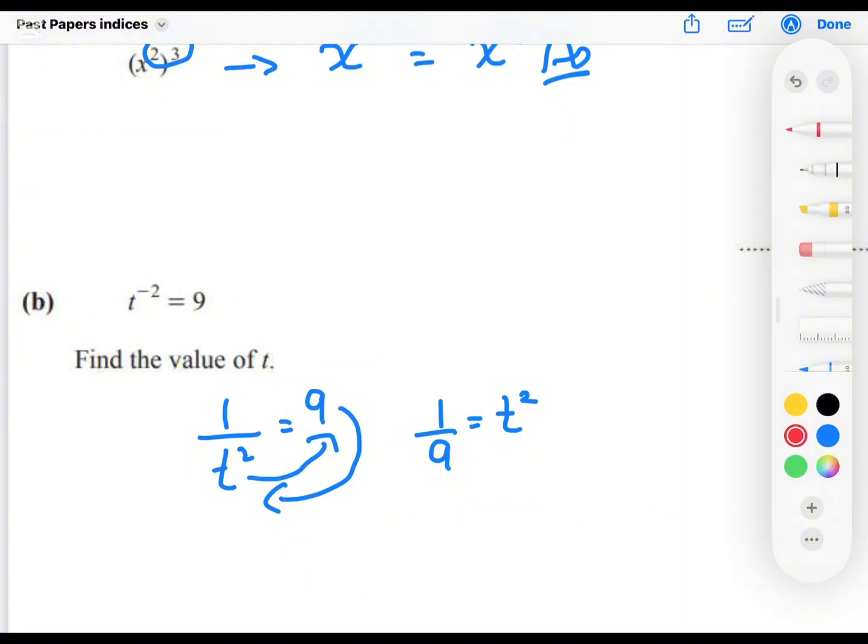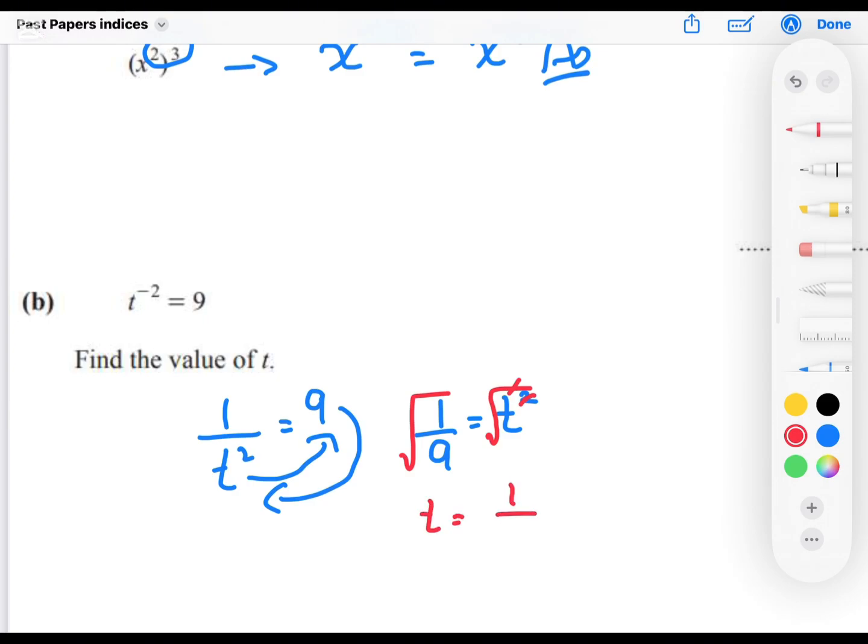Now we got the value of t square, that is 1 upon 9, but we need to find out the value of t, not t square. So how to remove the square? There is only one way to remove the square, to apply square root, because this is square, so I will apply square root on both sides. So square and square root always cancel out, it will become t.